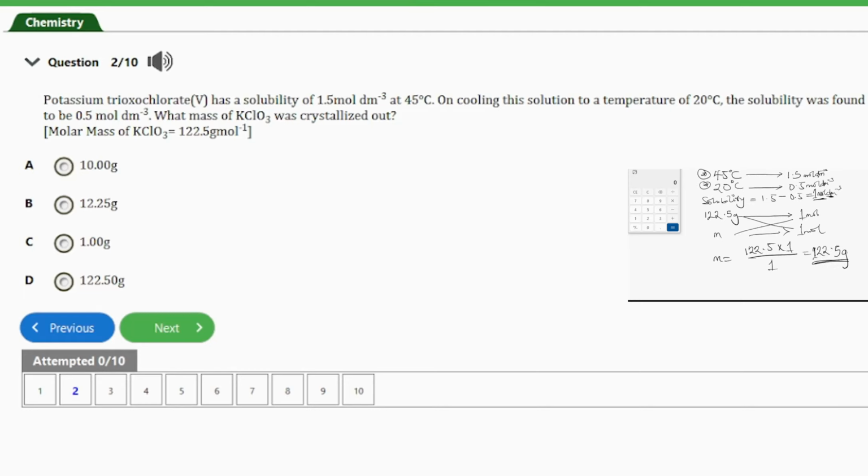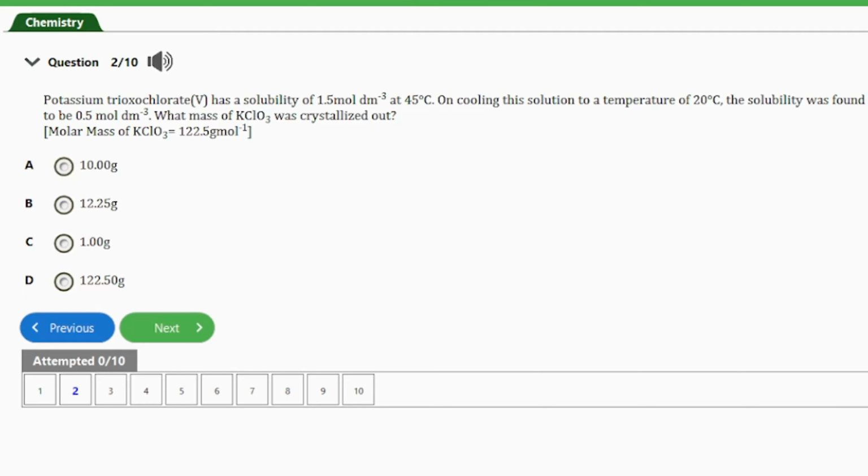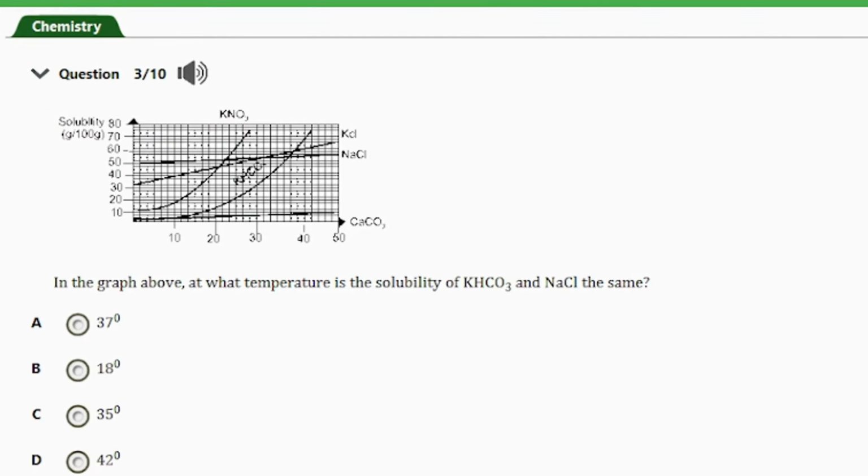So let's go ahead and wipe this off, and then let's consider the next question. That's question number 3. So guys, here in the question number 3, we also have a graph here. The question says, in the graph above, at what temperature is the solubility of KHCO3 and NaCl the same?